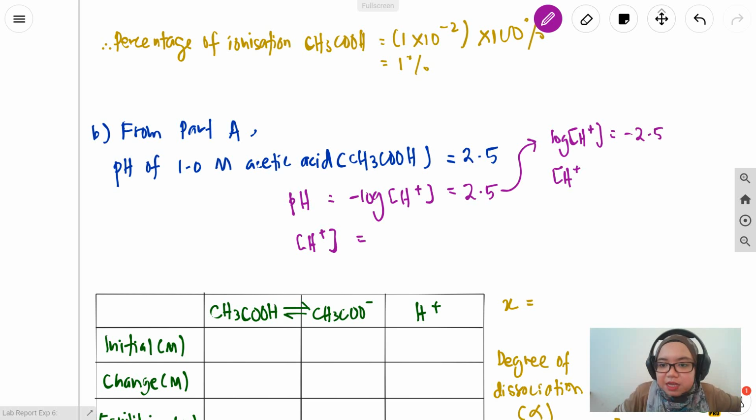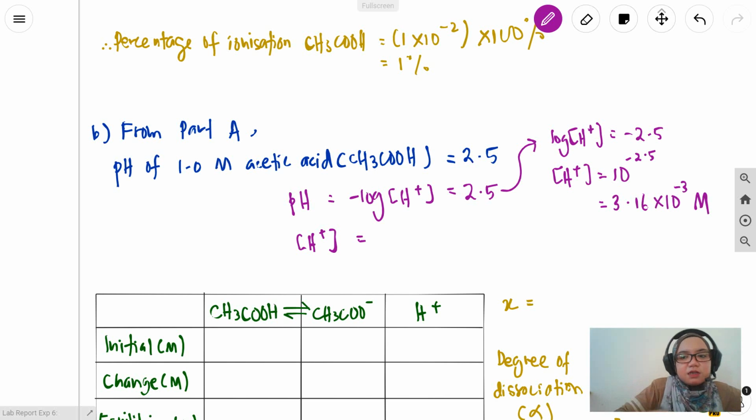So H plus here, log is base 10, so H plus is equal to 10 to the power of negative 2.5. You will get 3.16 times 10 to the power of negative 3 molar.